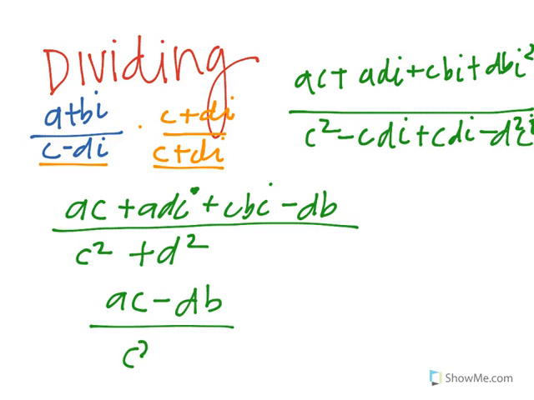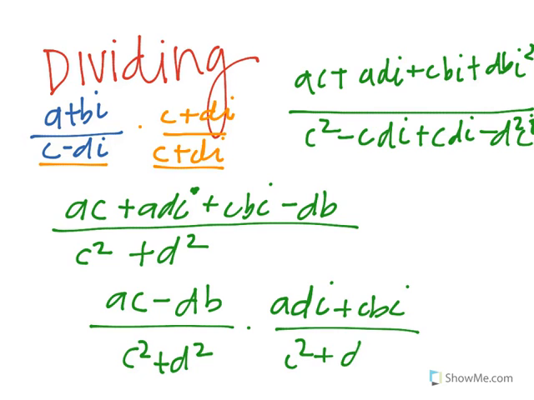And what that'll do is get it into our new imaginary format. There we go. We've got AC minus DB as the real component, just like the a, and ADi plus CBi is the imaginary component, just like the bi. And there is your new imaginary number set.